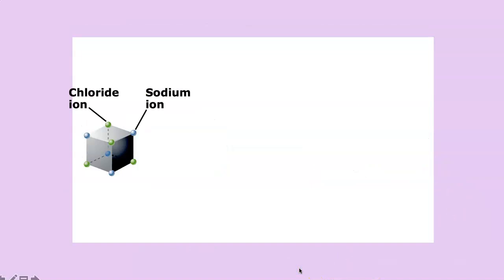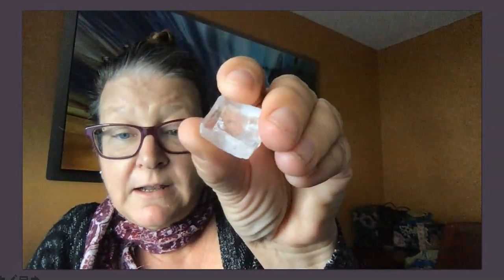Now it turns out that sodium and chloride ions form a cubic structure. And here I have a piece of halite or salt, sodium chloride, and you can see that it is a cubic structure, how it breaks and how it forms.